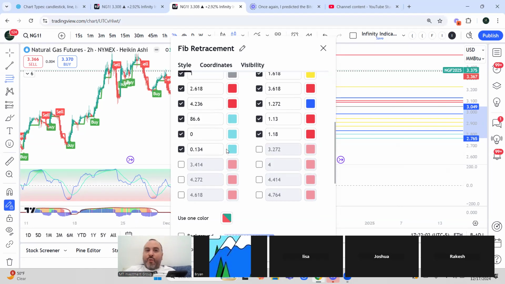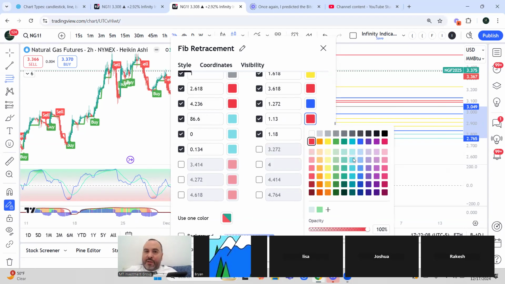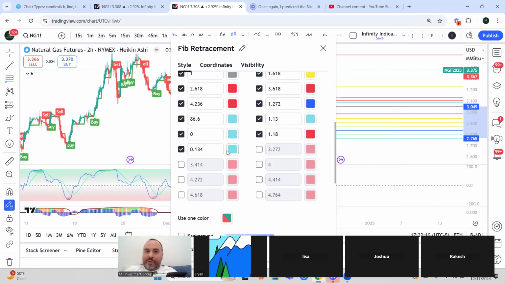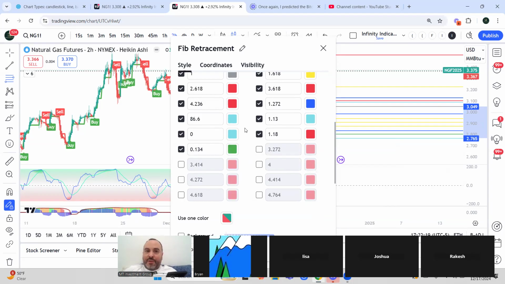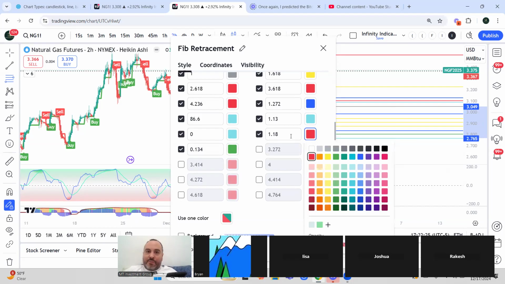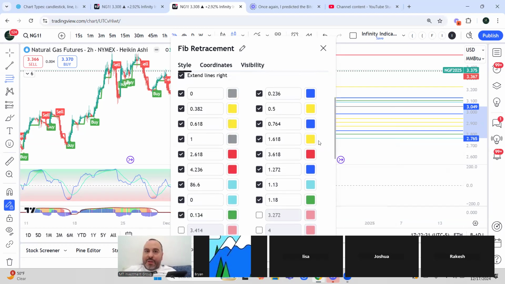Ah, I'm sorry. The 113 here should be blue, and this one should actually be green. The 13.4, or the 0.134, we're going to make that green. And last but not least, the 118 is going to be green. Okay? So it should look like this.